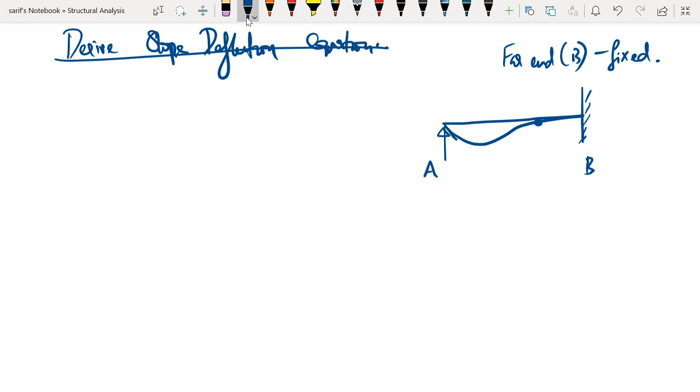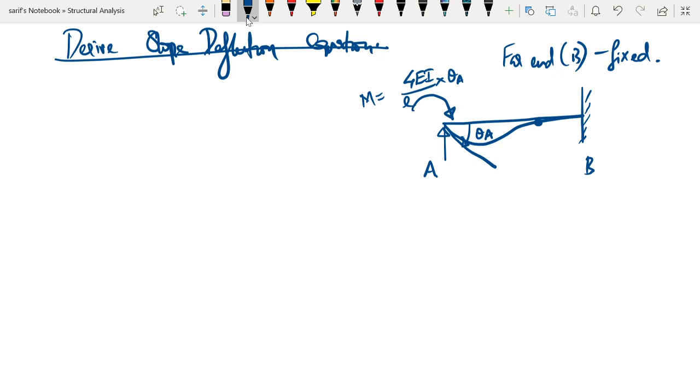So if you try to draw the tangent to the curve, this would be the slope, that will be theta A. Now to produce a rotation theta A here, the moment that needs to be applied at the end A will be 4 EI by L into theta A. This will be the moment that needs to be applied here.